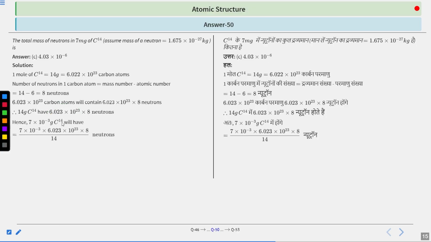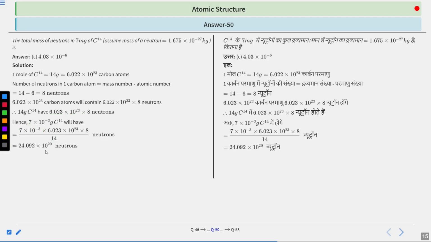If you want to calculate it for 1 gram, then you will divide this whole thing by 14. And if you want to calculate it for 7 milligrams, you will convert this into grams by multiplying by 10 to the power minus 3.